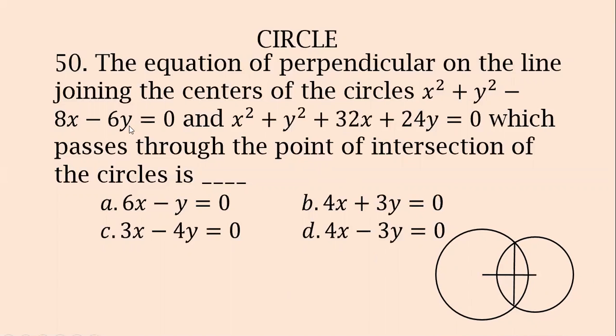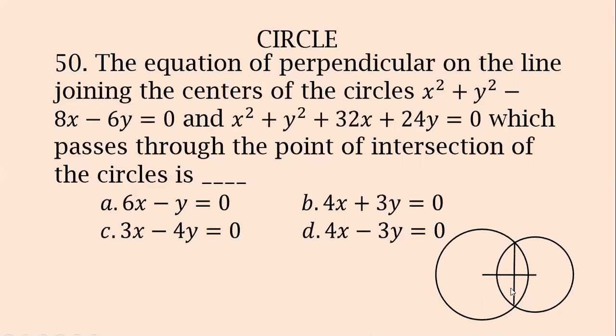And another condition is given, which passes through the point of intersection of the circles. Yes, this point and this point are the intersection points of the given circles. So this is the connecting line of the centers and this is perpendicular on this line.